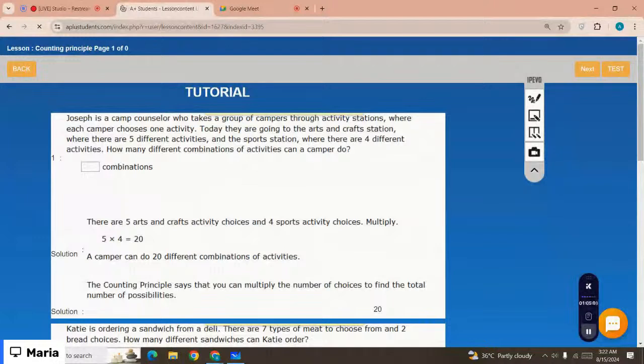Now you have to find the total combinations, right?